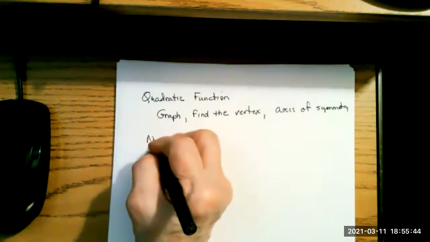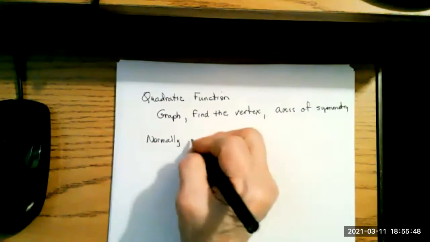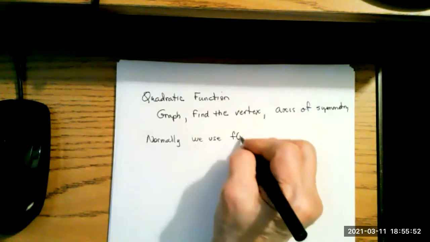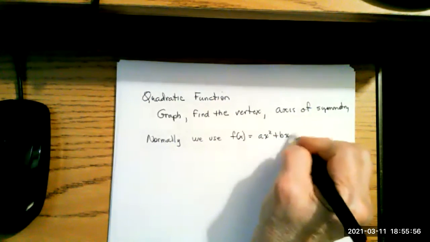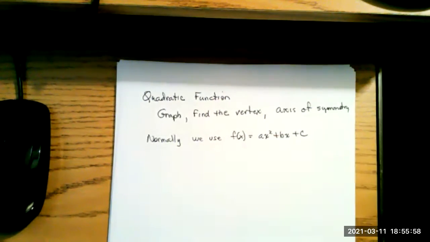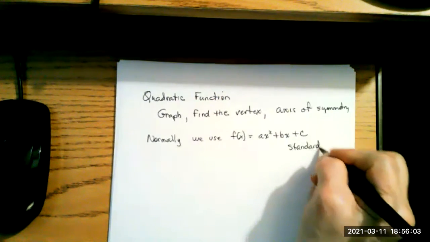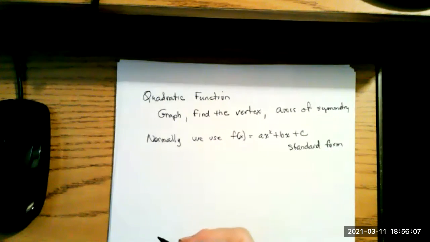Now, normally, and even in your homework, we use f of x equals ax squared plus bx plus c. That's generally the form. That's called standard form. But there is one problem that they throw in a different form for you.